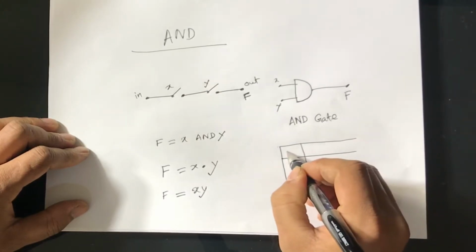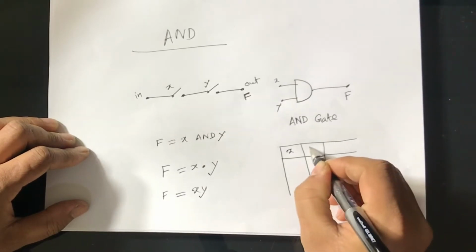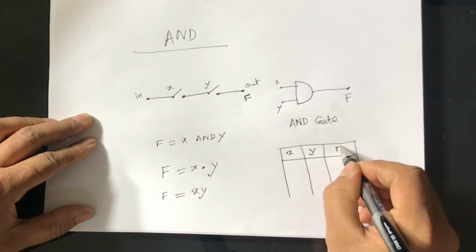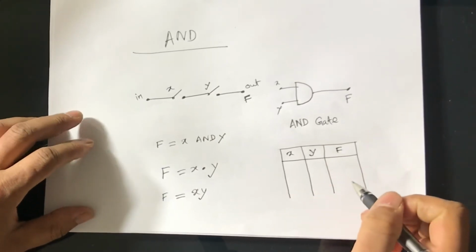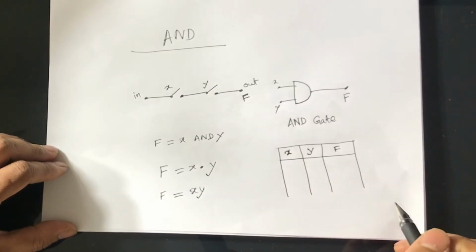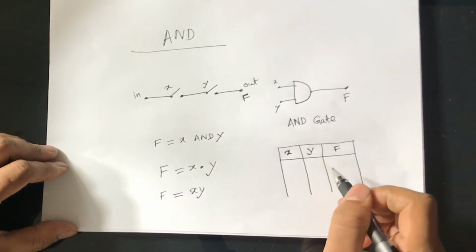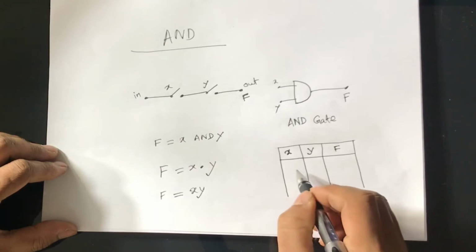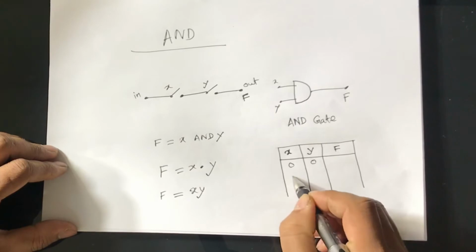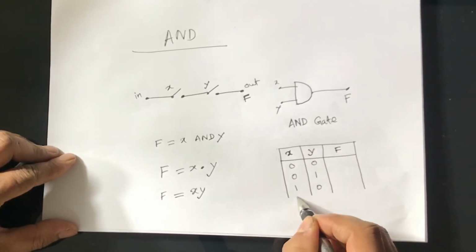This column is for input X and this column for input Y, and I'm getting the output from this column F. As there are two values for the input, we can get 4 possible inputs like 0 0, 0 1, 1 0 and 1 1.